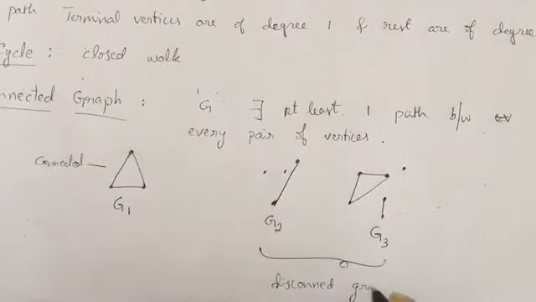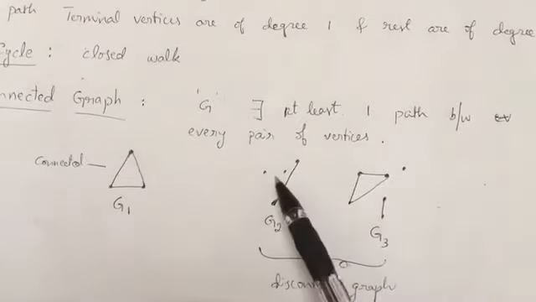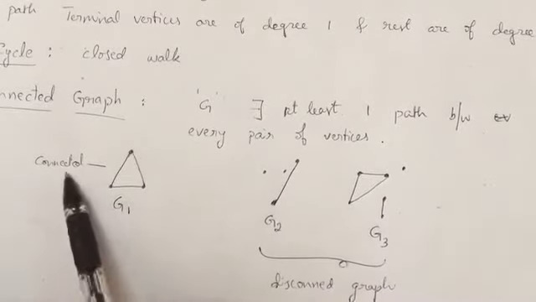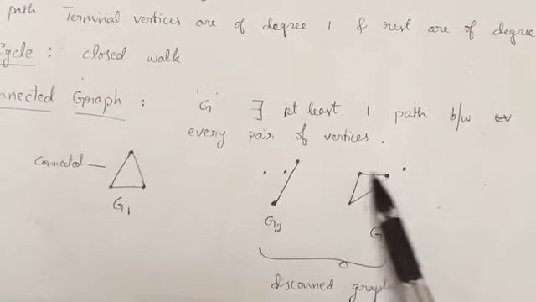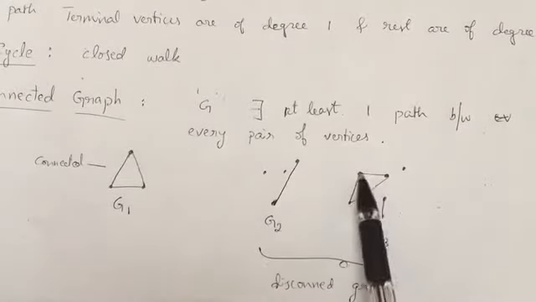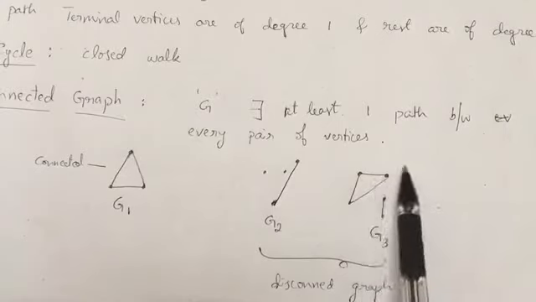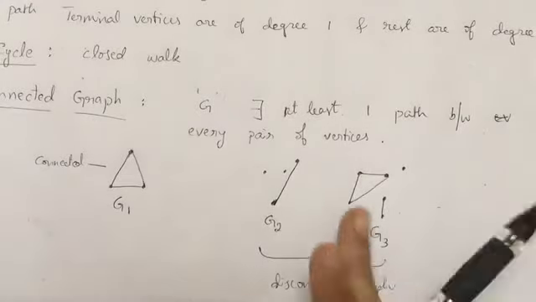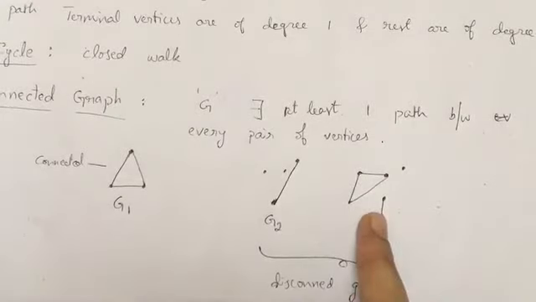These two are disconnected graphs because to say that a graph is connected, between every pair of vertices I should have at least one path. When I consider this vertex and this vertex, there is no path between them. Therefore these two are disconnected graphs.